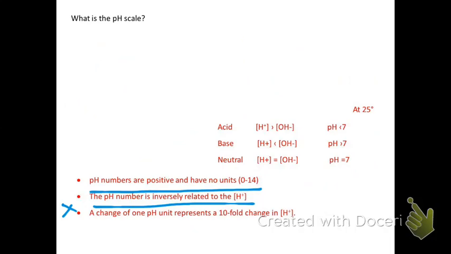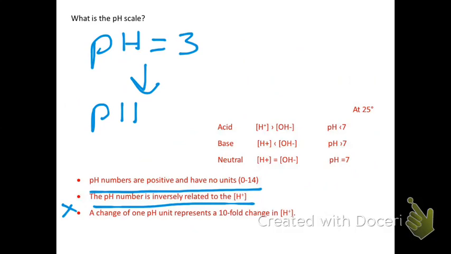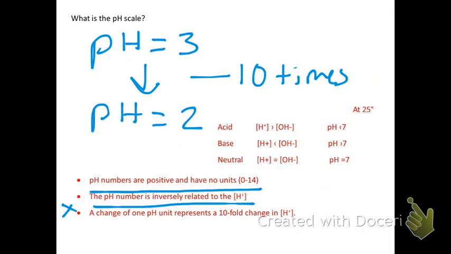So for instance, if we go from a pH of 3 to a pH of 2, that's a 10 times increase in the strength or the concentration of the acid. So that's a big deal.